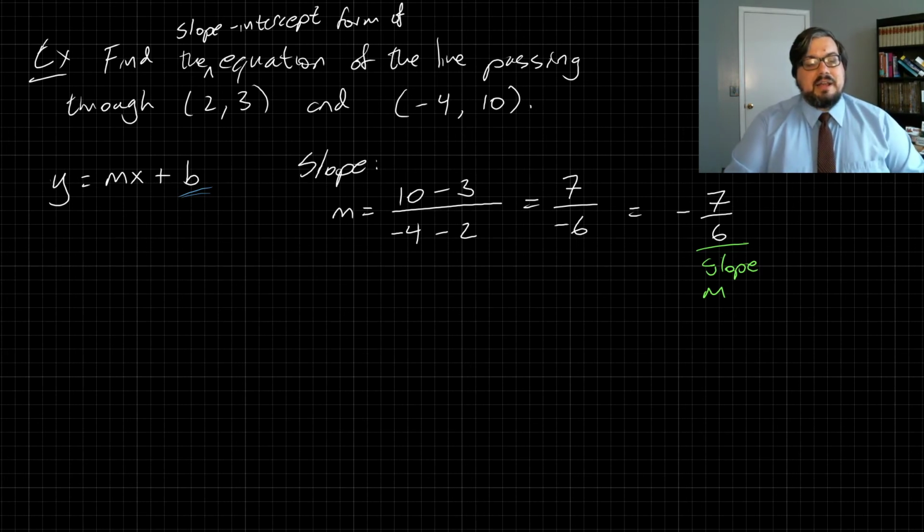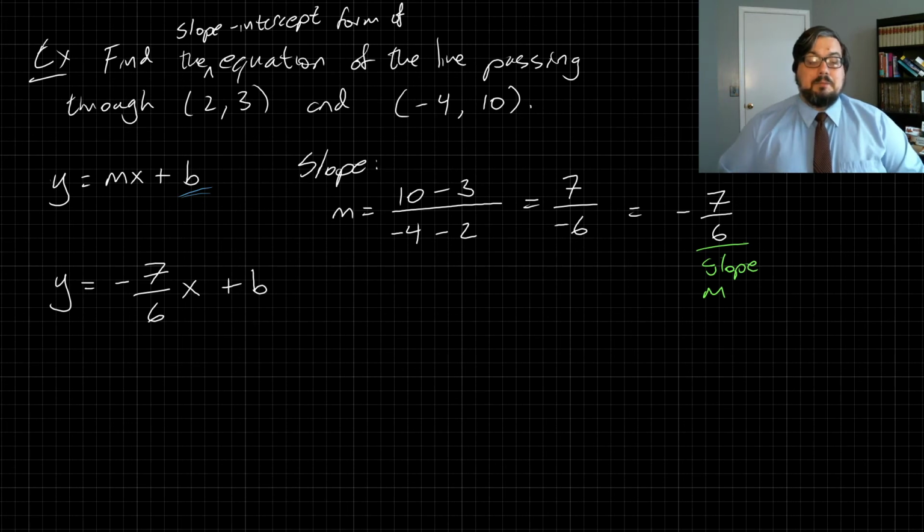Now let's go ahead and write down what we have so far. We know that y is going to be equal to -7/6 x plus b. And we know that this equation is going to be true for all points on the line, for all x and y points on the line. And we're going to use that to figure out what b is going to be.